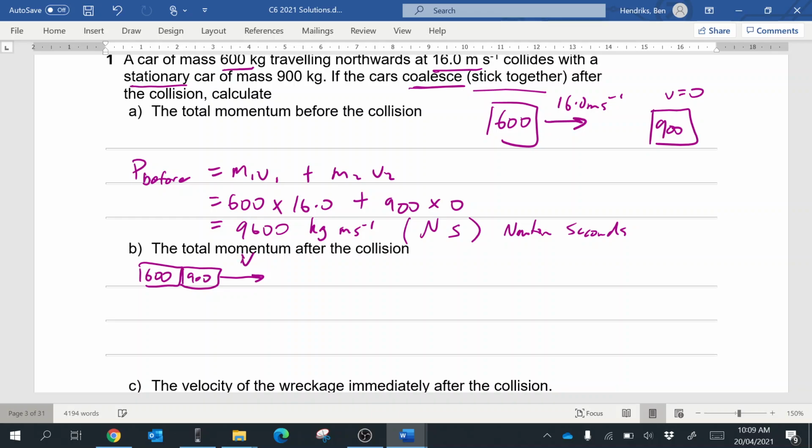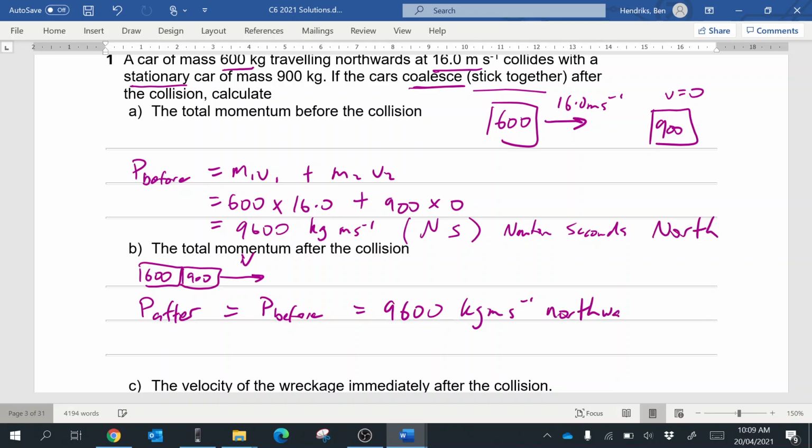So they stuck together, but because P after the collision is equal to P before the collision, we can just say it's equal to 9,600 kilograms metres per second. I have forgotten something. This was in a northwards direction. So this was moving north, and so all our momentum is going northwards.